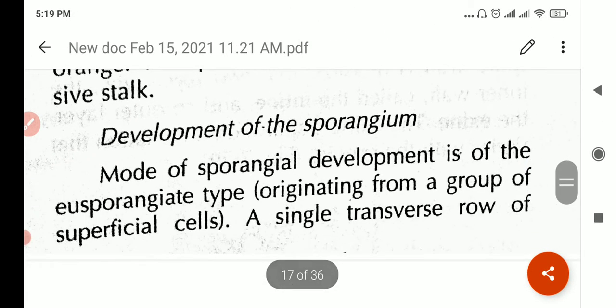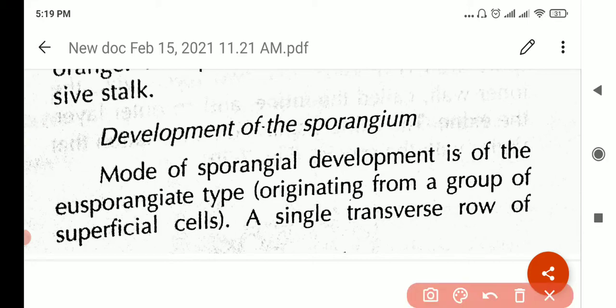Okay, so how it develops is it follows the eusporangiate type. This is the name of a type of development.